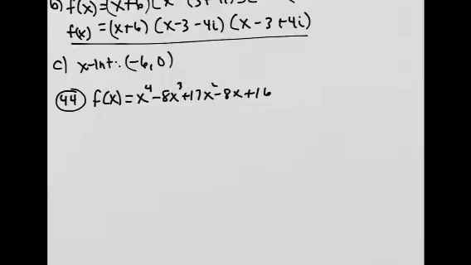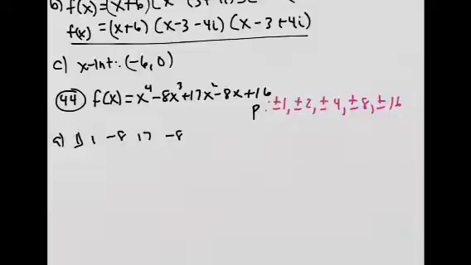All right, so for 44, the p-values are plus minus 1, plus minus 2, plus minus 4, plus minus 8, plus minus 16. So for part A, to find the zeros, I used 1, and it didn't work. I don't know if I should just show you, but 1 didn't work.